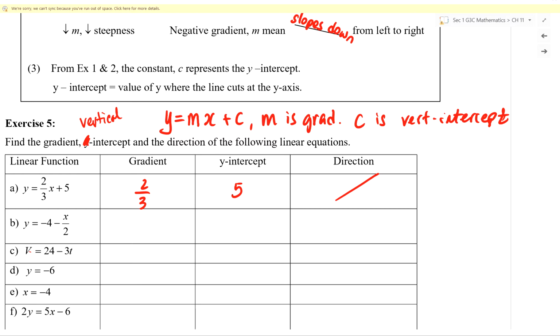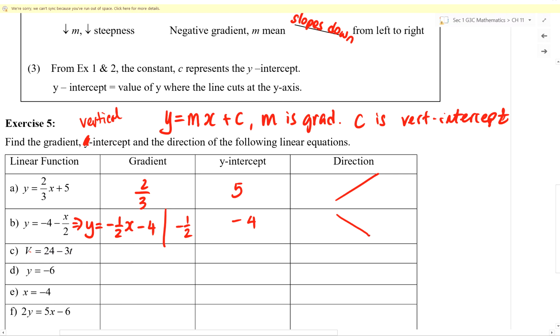Not exactly. But can I make it y equals mx plus c? Can. This becomes y equals negative half x minus 4. Can you see that they are the same? Now is it clearer what the gradient is? So the gradient is negative half. Y-intercept, negative 4. So if the gradient is negative half, it slopes downwards.